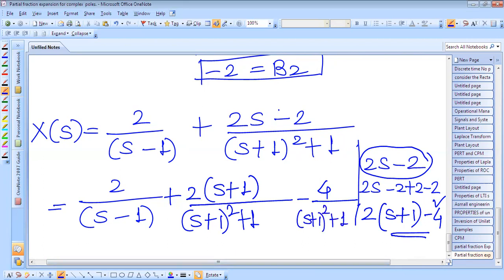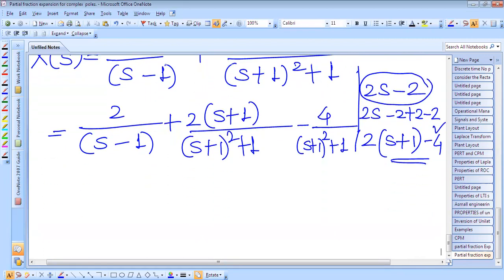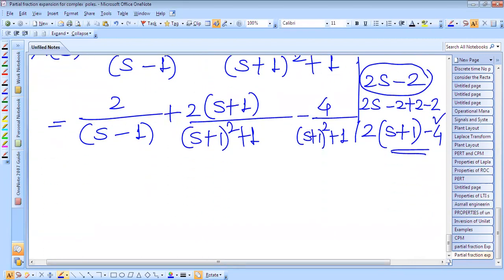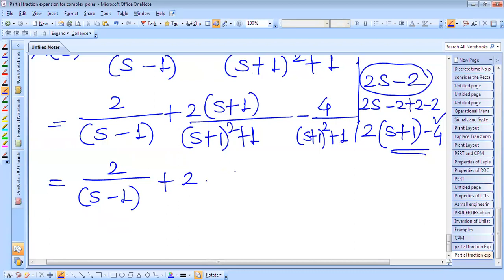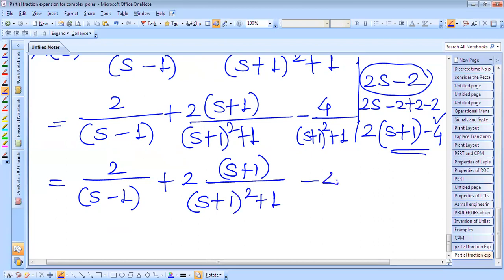Okay, now this is in the standard form. What is the standard form? 2 over s minus 1 plus 2 into (s plus 1) divided by (s plus 1) square plus 1, and this 4 over (s plus 1) square plus 1.